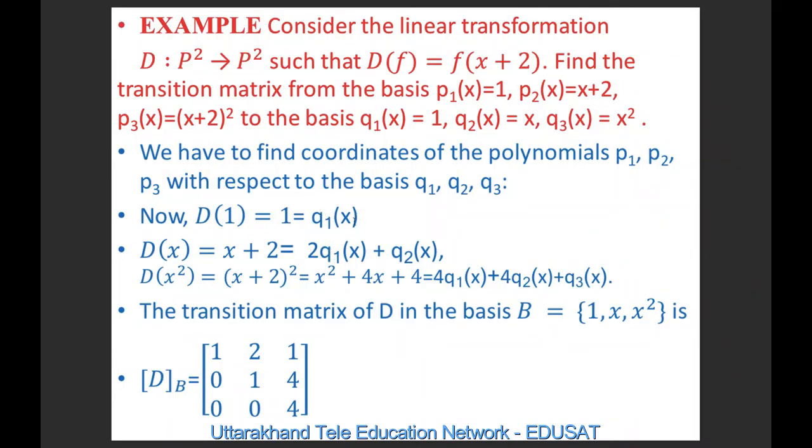So q1(x) means the constant term, it is 1, 1, 0, coefficient of x², 1, 0, 0. Here q2(x) is the constant term which is 2, then the coefficient of x is 1, so 2, 1, 0. Here it is q3(x), 4q2(x) and q1(x). So it is 1, 4, 4.